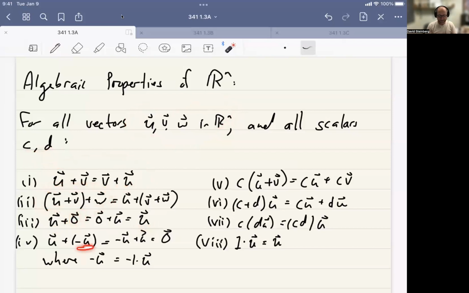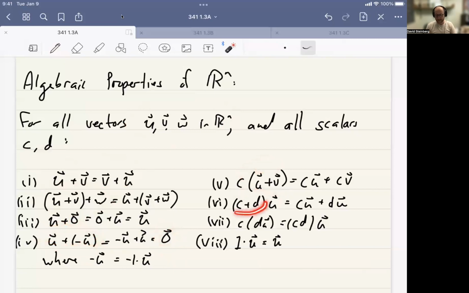There's this additive inverse to u called negative u, which is just -1 times u, with the property that when you add a vector with its inverse, you get back the 0 vector. Right. Multiplication of a scalar to a sum of vectors just distributes like you expect it would.